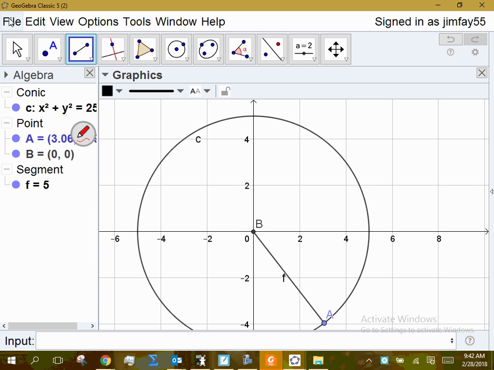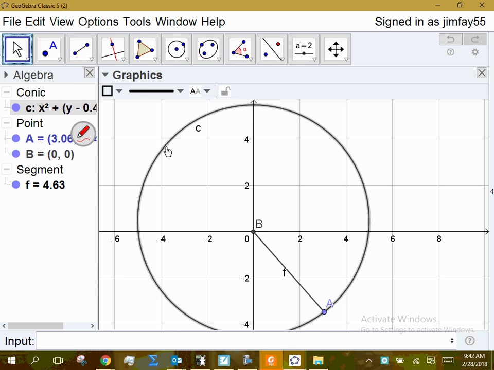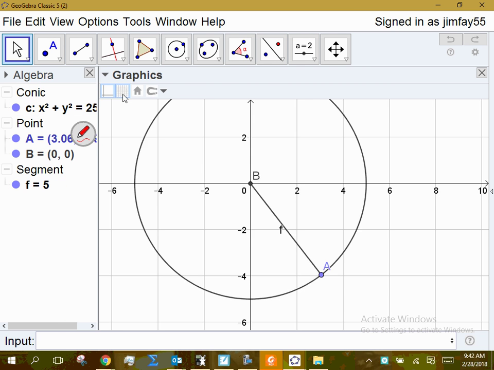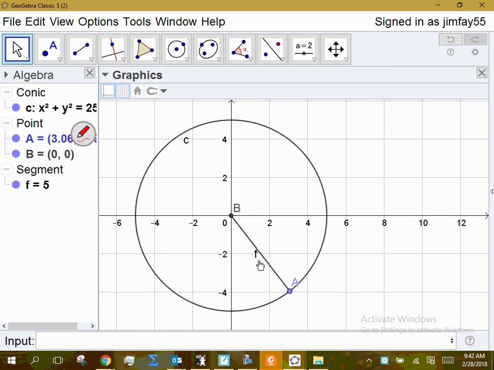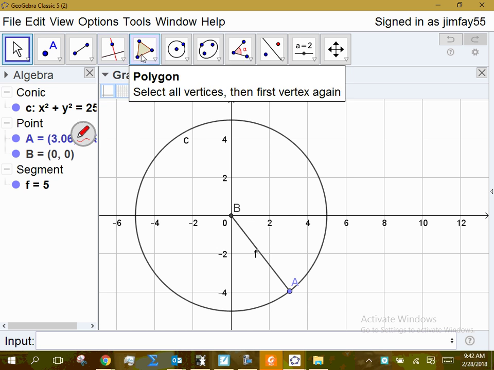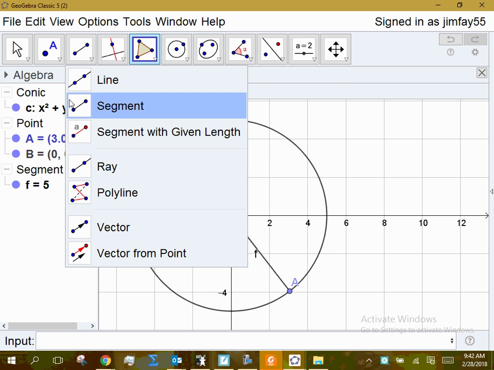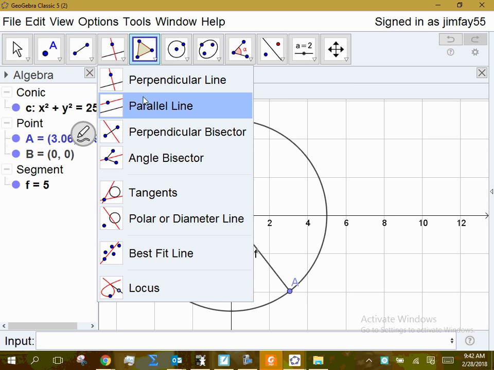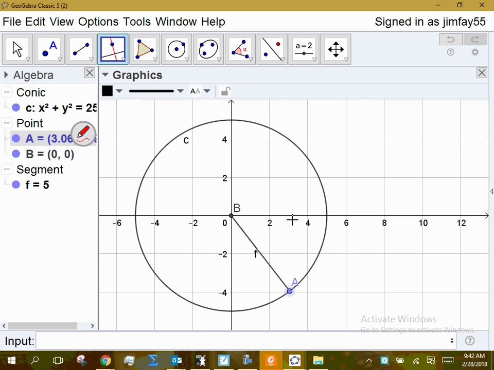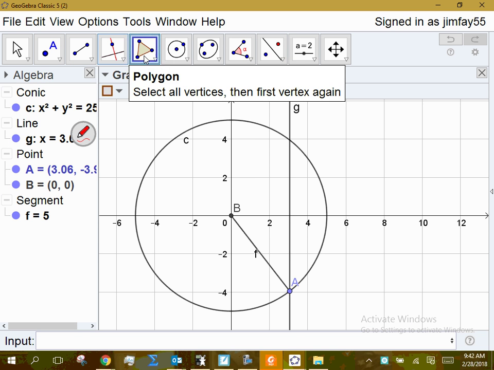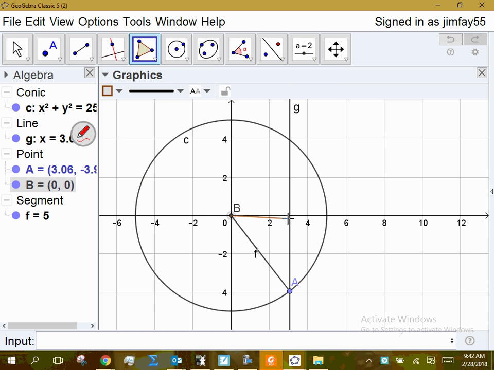So there's our terminal ray from chapter 5.